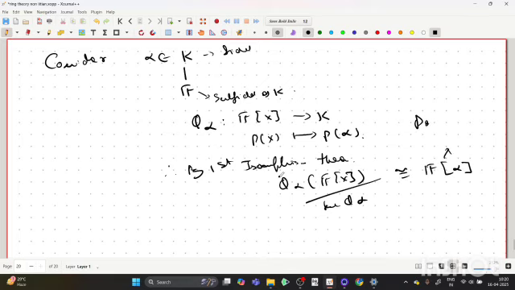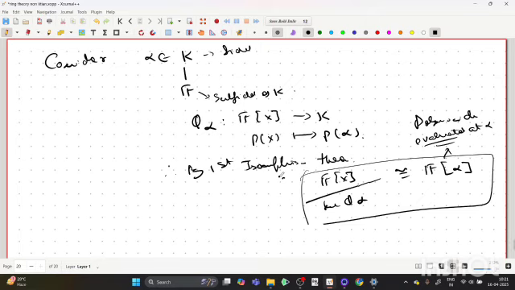That is, polynomials evaluated at alpha. And you can observe that this is actually a surjective homomorphism, right? F[x] to F[alpha] via this map is a surjective homomorphism. Getting my point?